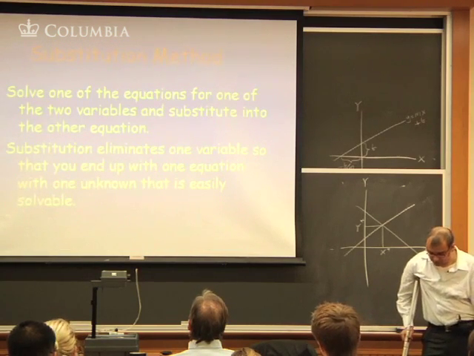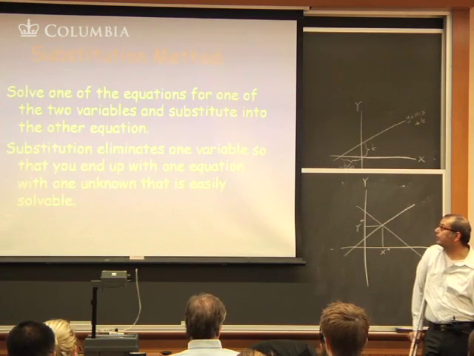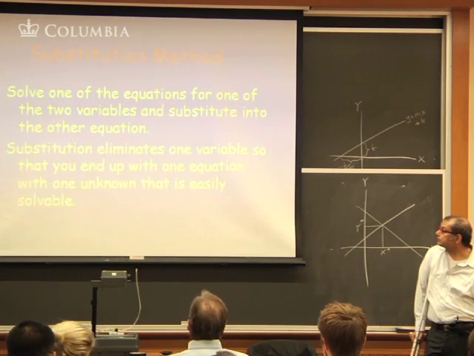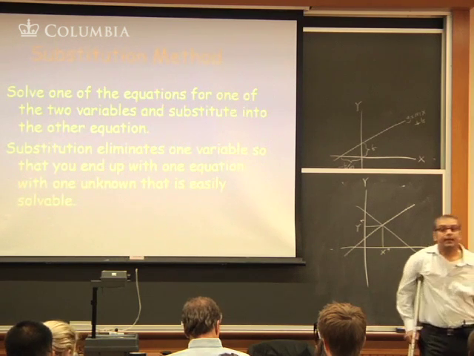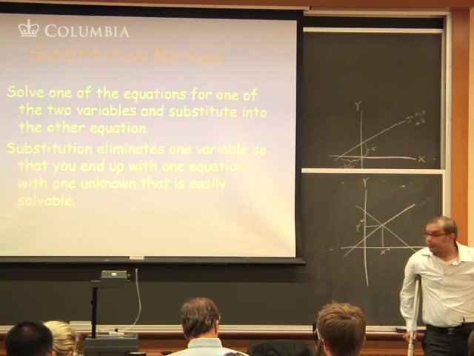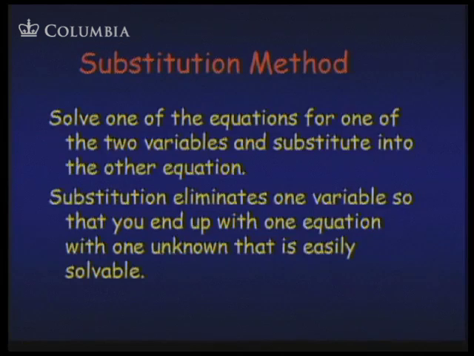Of course, it's not convenient to always use the graphical method, so you might need to substitute. And so the substitution method is really a process of elimination. What you do is you solve one of the equations so that you have either x or y alone on one side.